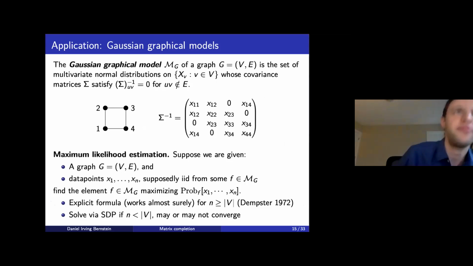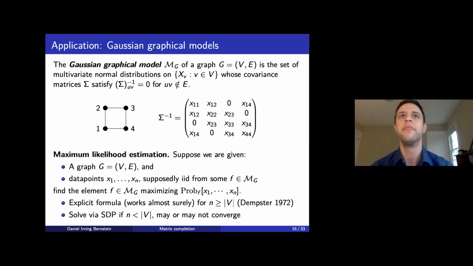So a Gaussian graphical model of a graph G is just the set of multivariate normal distributions on a set of random variables corresponding to your vertices whose covariance matrices satisfy the property that their inverse has a 0 for every non-edge of G. Right, so here's an example.